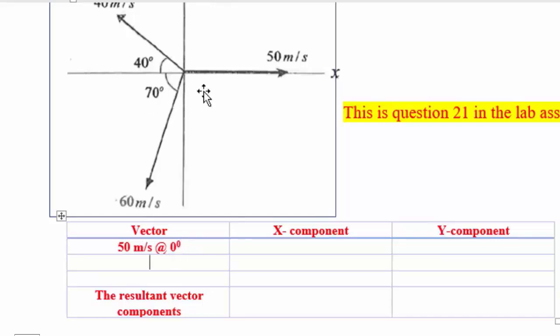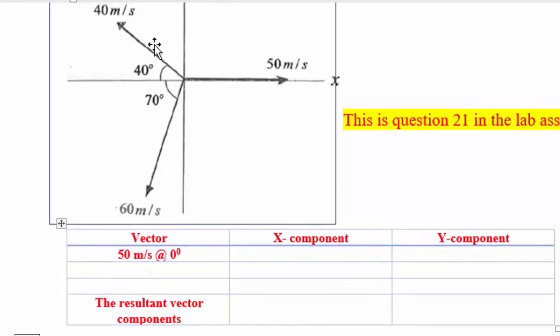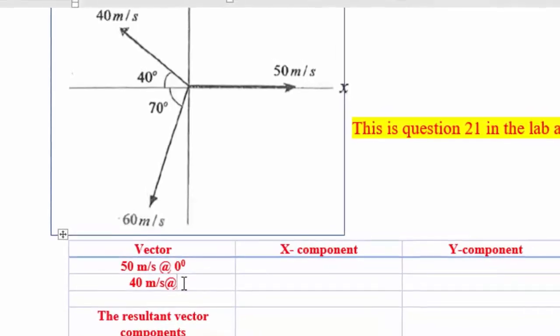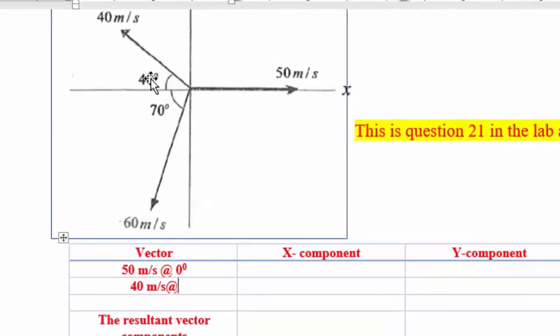The second vector here is the 40 meters per second, and we can see here that it's in the second quadrant. We need to write the angle as a standard angle. We are given the related angle to be 40 degrees, and we know when the vector is in the second quadrant, the standard angle will be 180 minus 40.